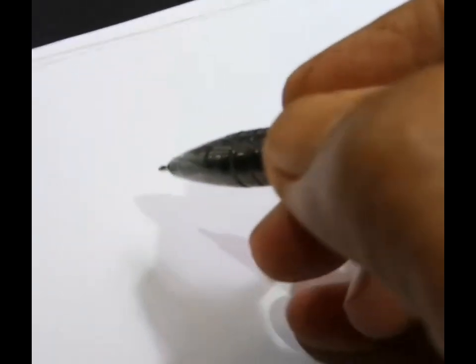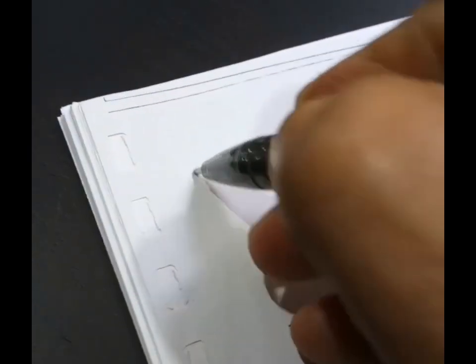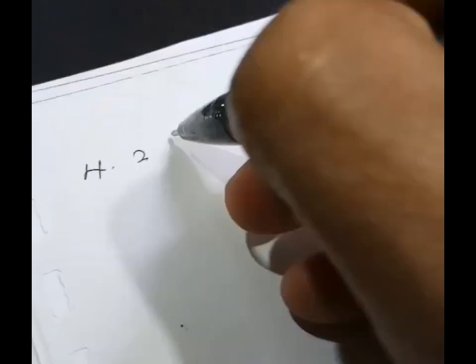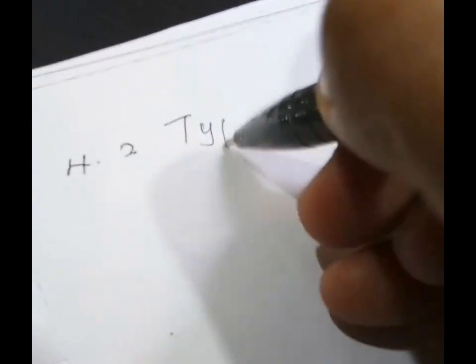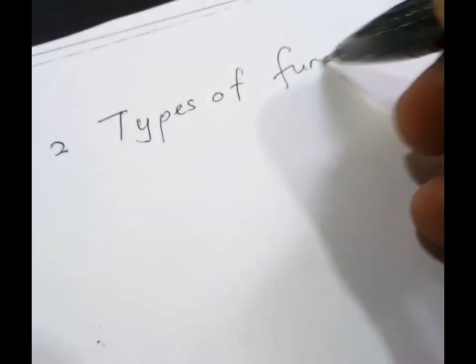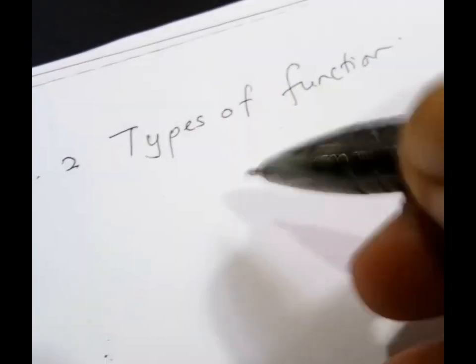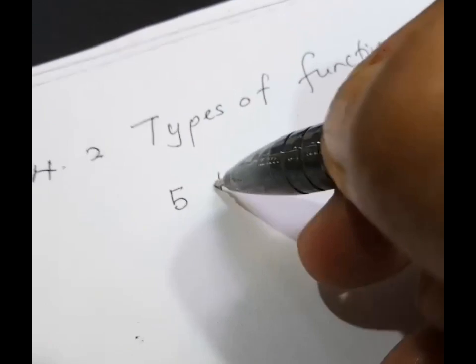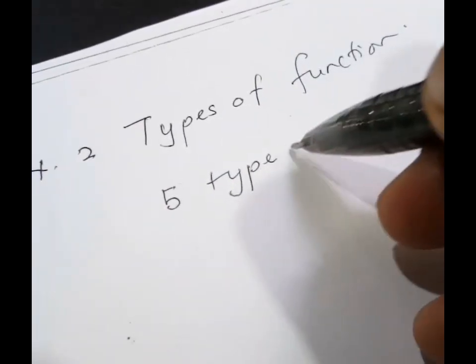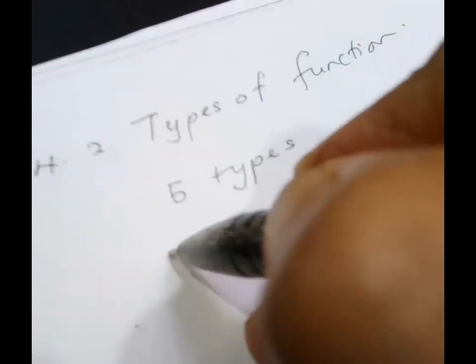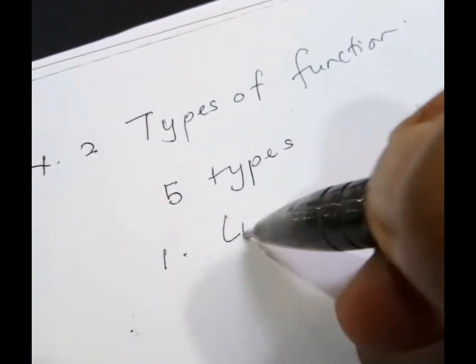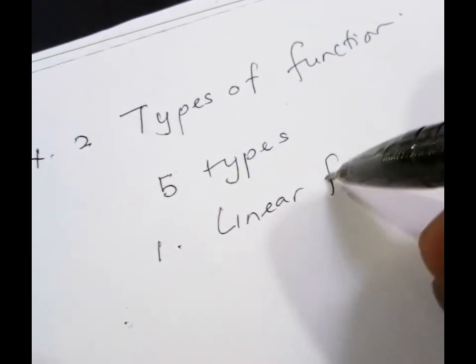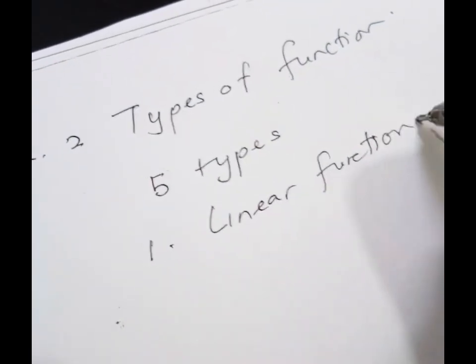Okay, so next in chapter 4.2, types of function. We will be looking at 5 types of function. First is linear function.